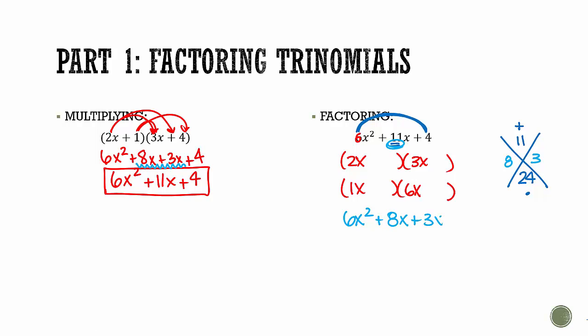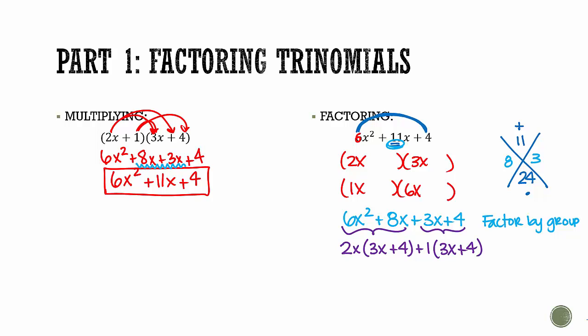And it doesn't matter what order you put this in. But now that this has 4 terms, we're going to factor by grouping. So remember that means that you're going to take the first two terms and find what they have in common, so a 2x in this case, and then I would have 3x plus 4, and then take these two terms, and since there's nothing in common, remember that means there's a 1 in common, and you'd have 3x plus 4.